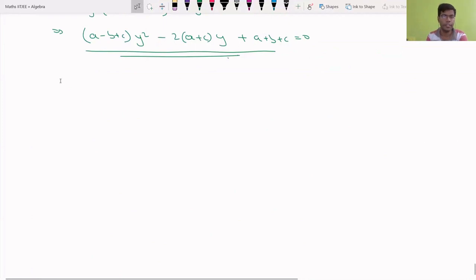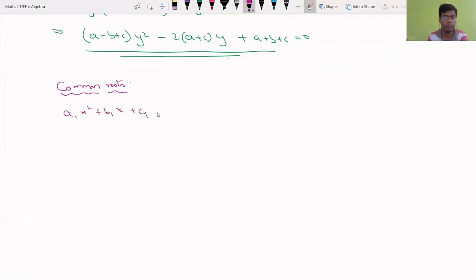So next, let's discuss common roots. So suppose I have a1x square plus b1x plus c1 is equal to 0 as one quadratic equation, and a2x square plus b2x plus c2 is equal to 0.